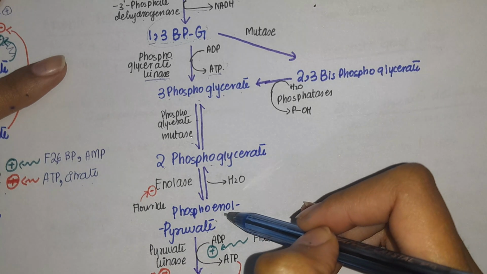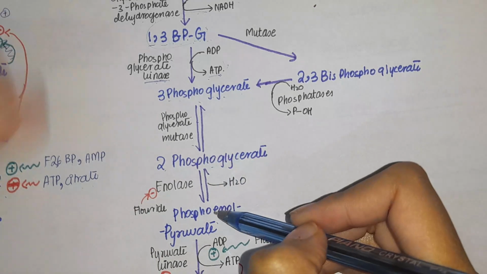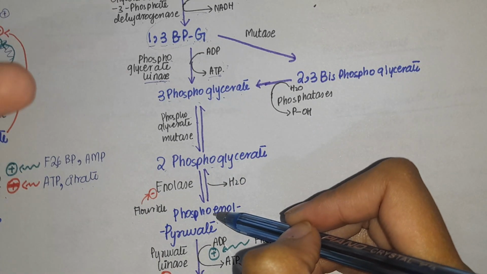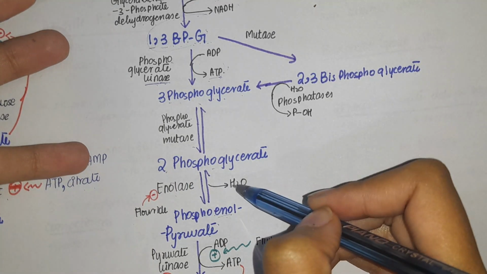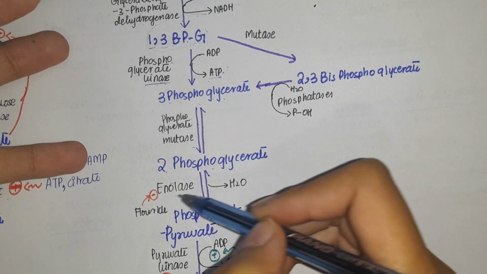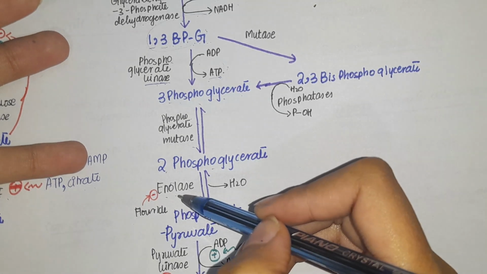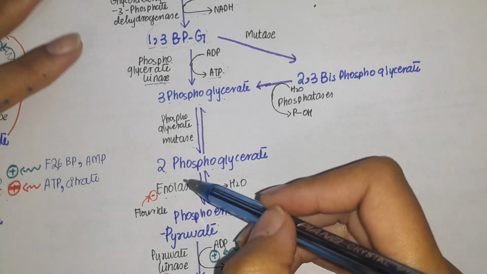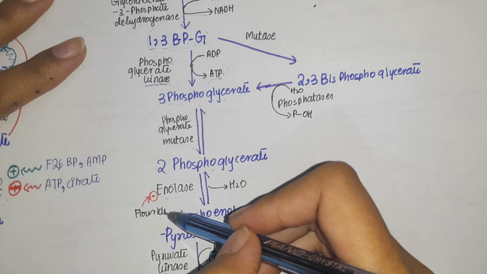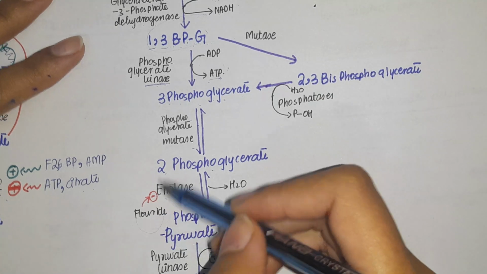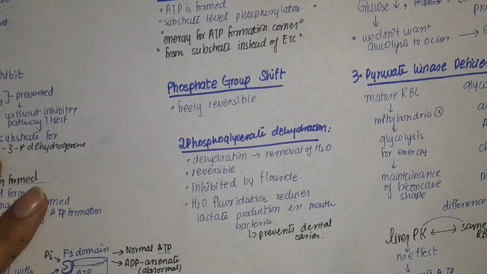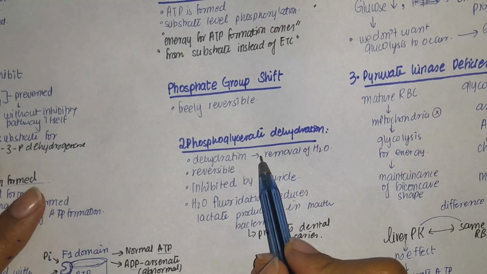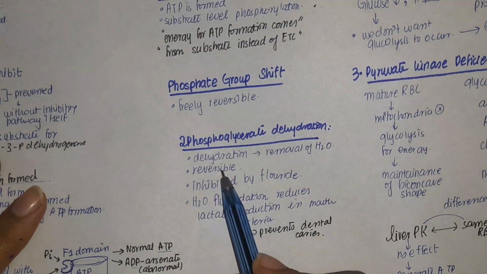Now the enol thing has happened. How does the enol group get formed? By the enzyme enolase. So enolase is over there and it is a typical dehydration reaction, and enolase, the enol forming enzyme, is itself inhibited by fluoride. One important thing about this dehydration catalyzed by enolase is that it is reversible.